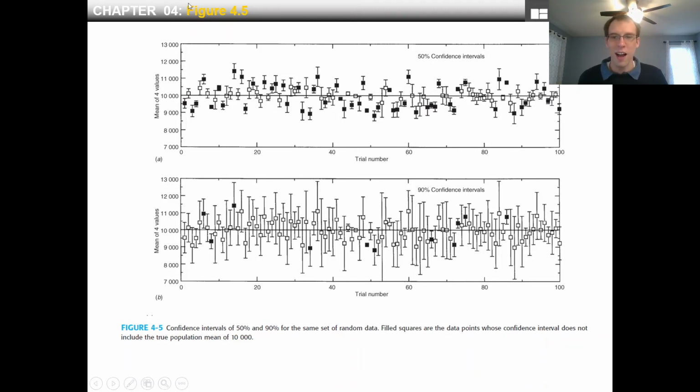On the top, we're looking at confidence intervals at 50% confidence. Each of these confidence intervals is calculated based on 3 degrees of freedom, 4 measurements, and that value of t based on the standard deviation of the data.